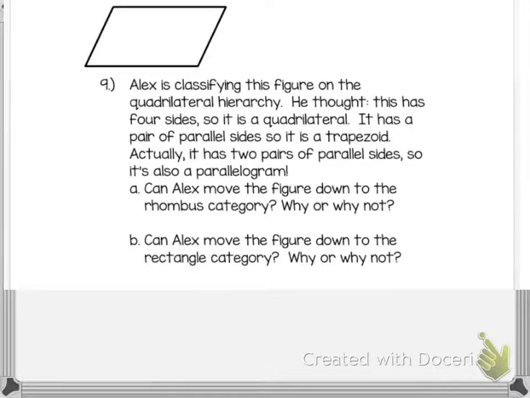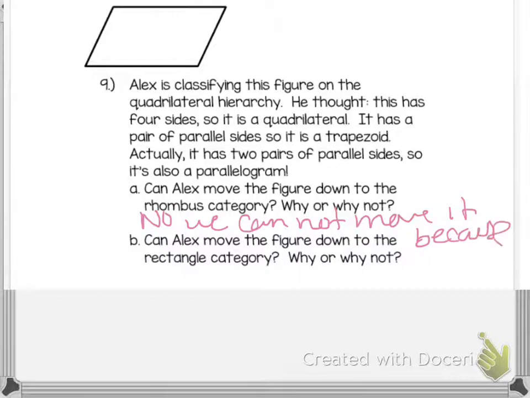So a rhombus is a parallelogram with all equal sides. So no. We cannot move it. The sides aren't all the same.